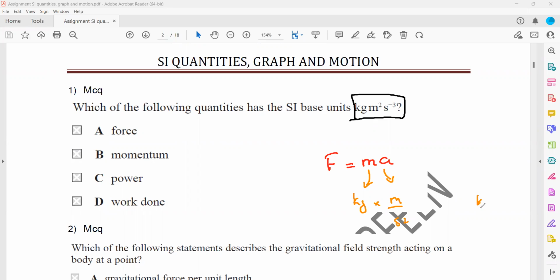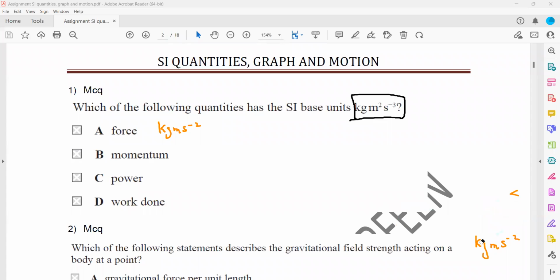So it becomes kilogram meter per second square. When we simplify, we move it all to the numerator. So force is equal to kilogram meter second raised to power minus 2. It means this cannot be force, because we want kilogram meter square second raised to power minus 3.